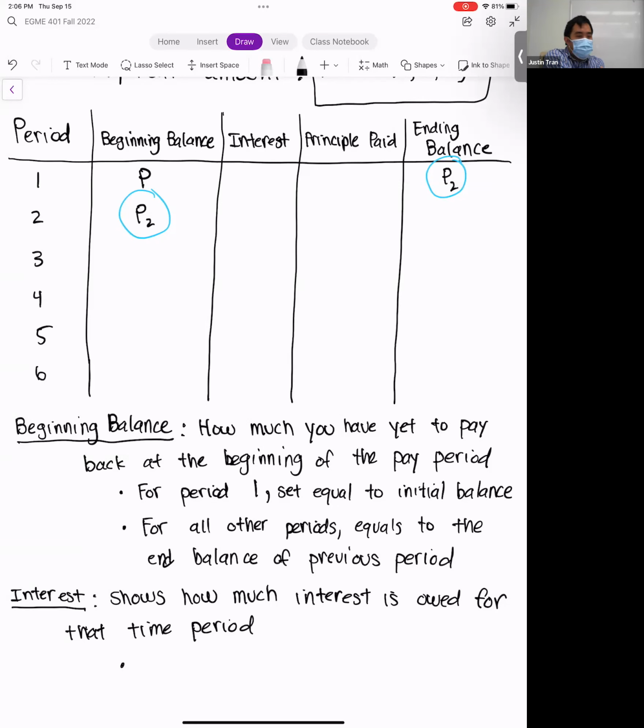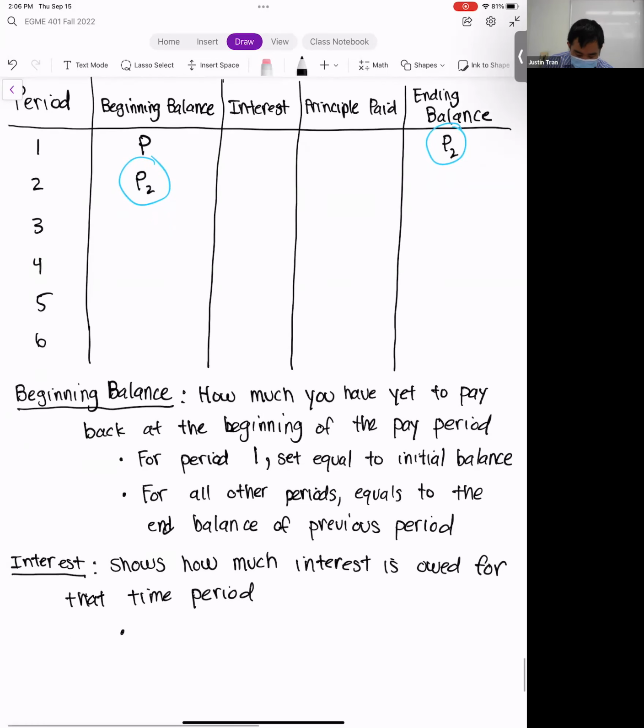Each pay period, you're going to owe a certain amount of interest, and that column is going to track it. The way to compute interest is that it's just a percentage of your beginning balance, and that percentage is the interest rate.